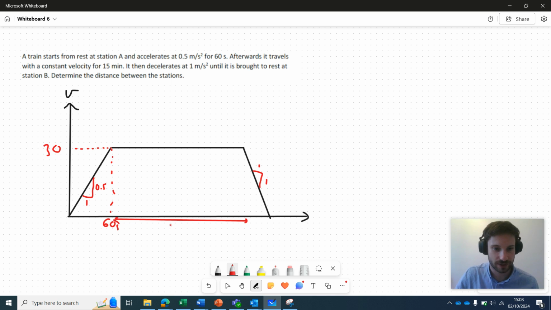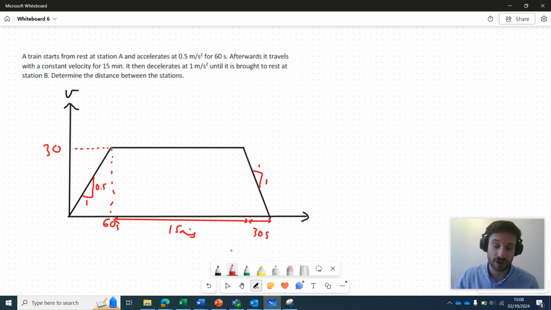So let's just label that there. 15 mins. And this final section here, again, if it's starting at 30 meters per second and is decelerating to 0 meters per second at a rate of 1 meter per second squared, hopefully it should be evident that this should take 30 seconds, okay? Almost intuitively, that this should take 30 seconds.